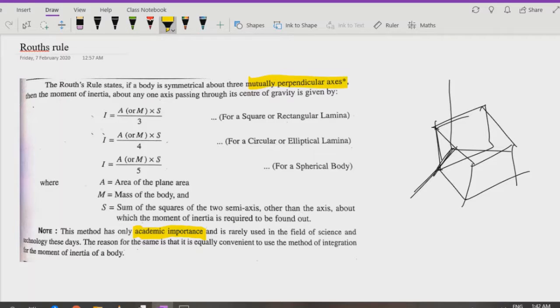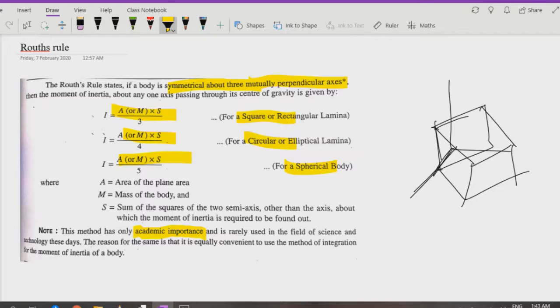Mutually perpendicular axes, symmetrical about three mutually perpendicular axes, and if we have all these conditions satisfied, then we can find out the moment of inertia from any side of a particular diagram. Like for a square, we have this formula; for a circle, we have this formula; and for a spherical body, we have this formula.